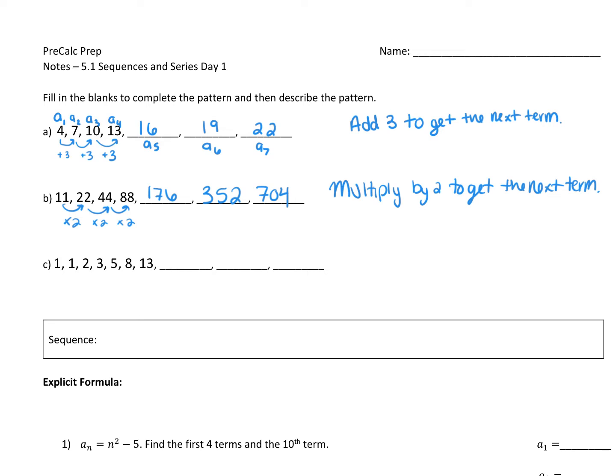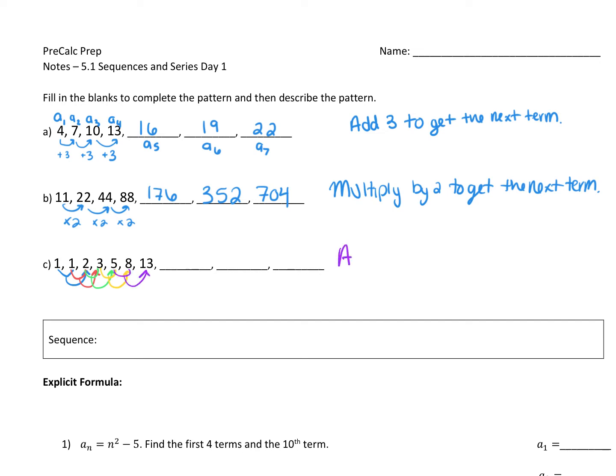If you notice, we add the first two terms to get the next term. So 1 plus 1 is 2. Then 1 plus 2 is 3. Then 2 plus 3 is 5. Then 3 plus 5 is 8. And then 5 plus 8 is 13.